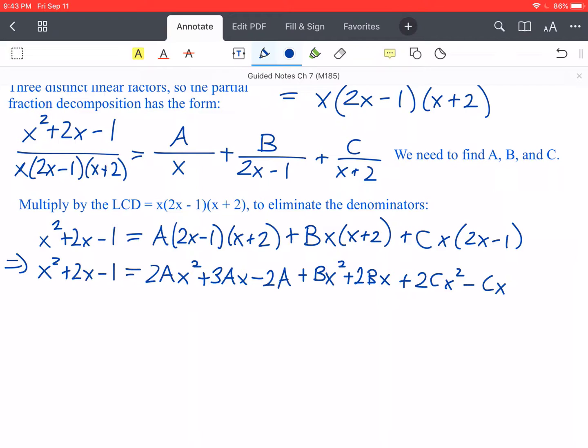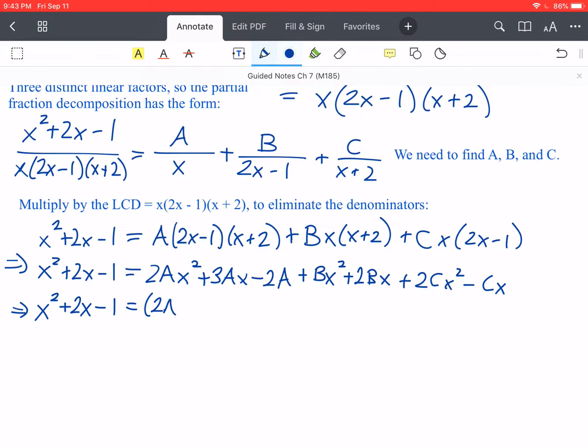Now, you might think I want to group up in terms of A, B, and C. However, these were already grouped in terms of A, B, and C, and that's not going to help us. What we're going to do is group by power. So the left side is going to stay the same. So x squared plus 2x minus 1 equals, so I'm going to group all the x squareds together, all of the x's together, and all of the constants together.